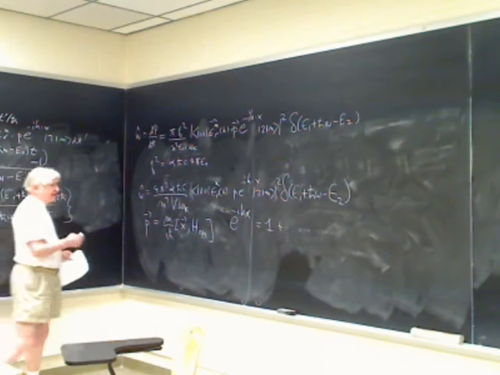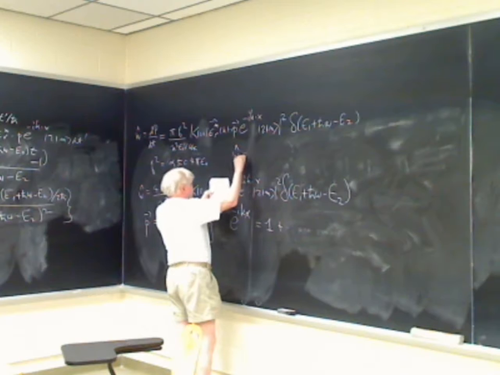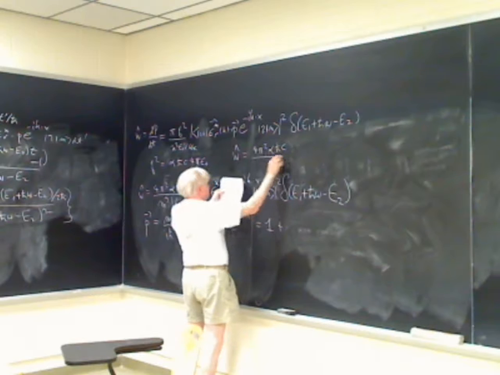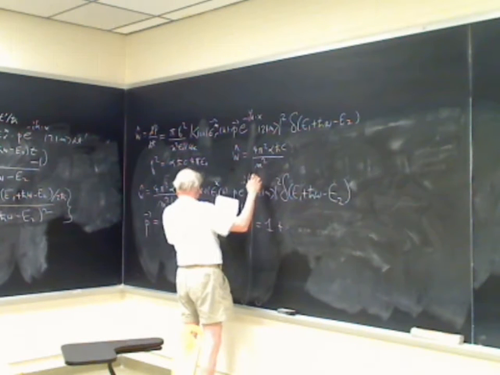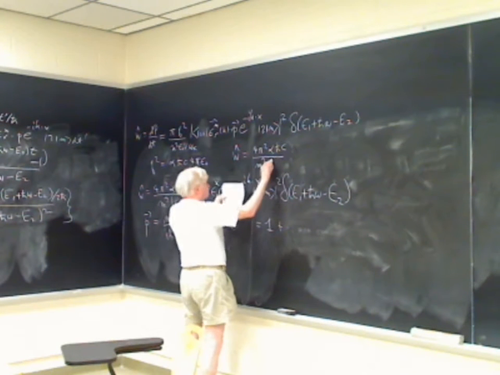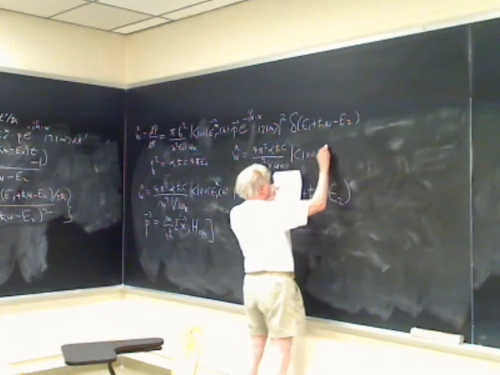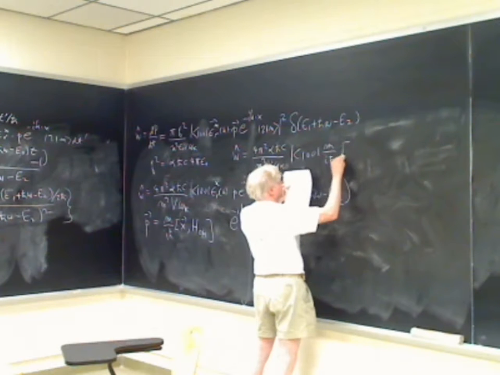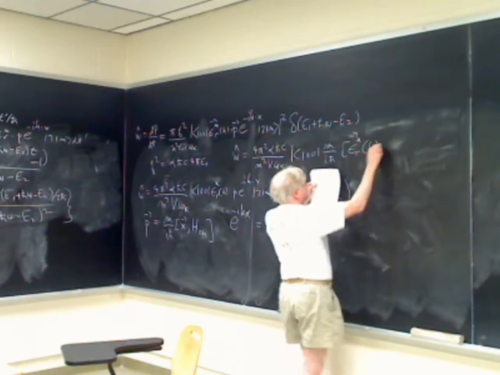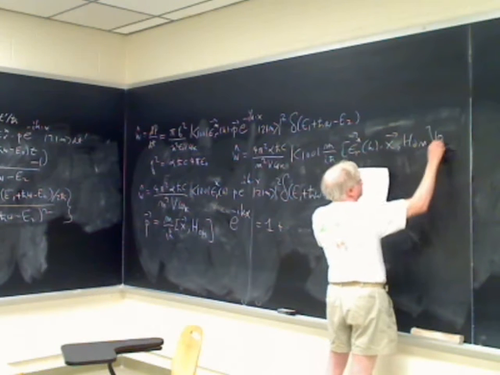All right, in any event, after we've made these two approximations, then what we can say is that W hat is 4 pi squared alpha h bar c over m squared v omega k, 1, 0, 0, m over i h bar, epsilon star of k dot x, commutator h0m to 1m.